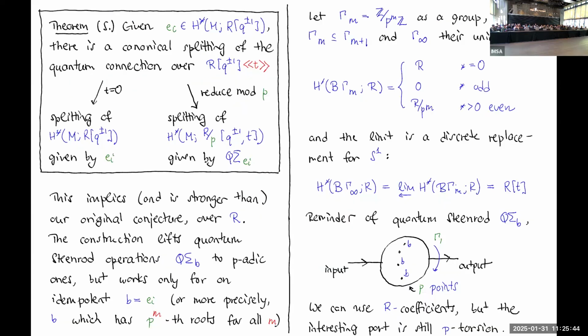So now instead of mod p coefficients, we want to work with p-adic coefficients. So we want to lift these quantum Steenrod operations from characteristic p to the p-adics.